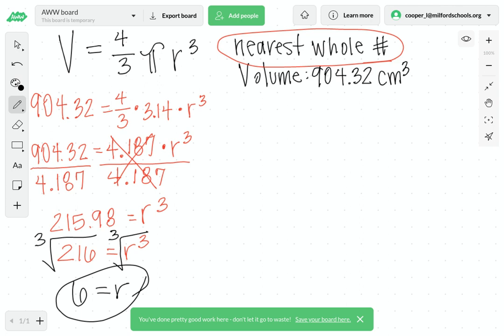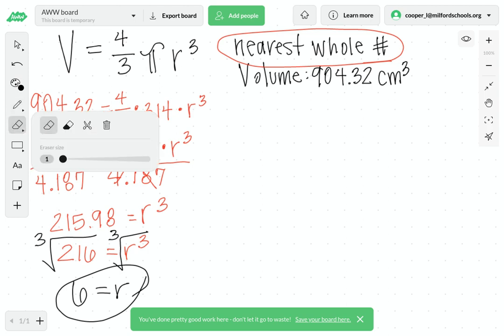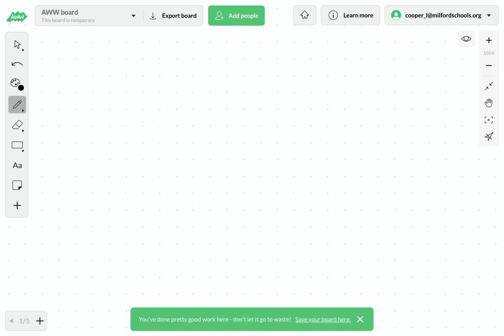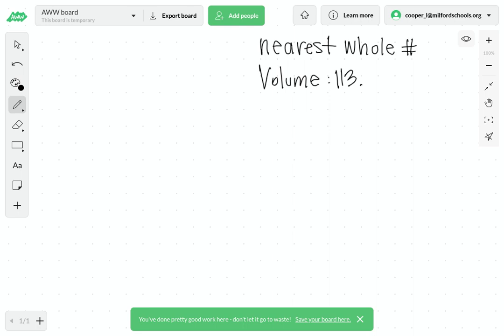I'm going to go ahead and do another one just because this is a little bit confusing. I'm going to try to make sure I'm explaining it the same way. All right. So again, our final answer, we're going to round to the nearest whole number. And this time our volume is going to be 113.04 inches cubed.